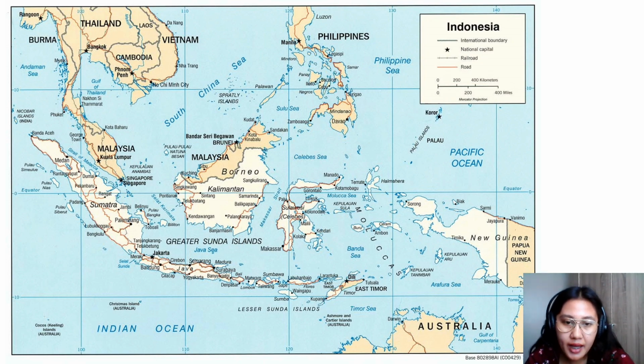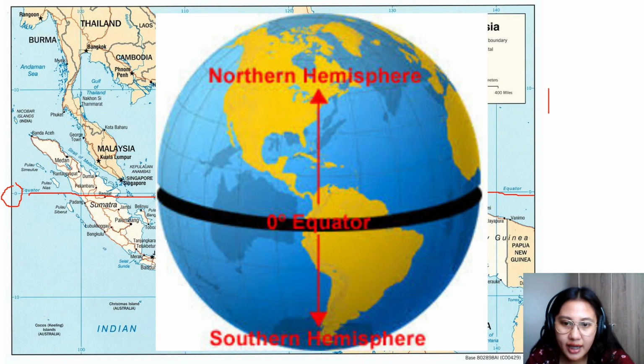So, sa ating mapa, as you can notice, ito yung ating 0 degree, ibig sabihin this line is the equator. So, meaning to say, lahat ng bansa na nandito sa taas ng equator, ito po yung tatawagin nating north. At lahat na nandito sa baba ng equator, yan yung nandun sa south.